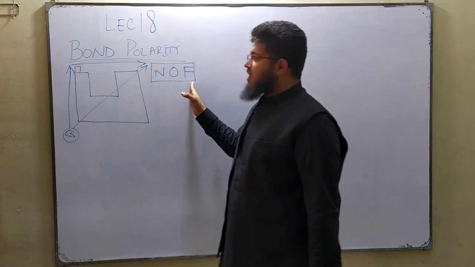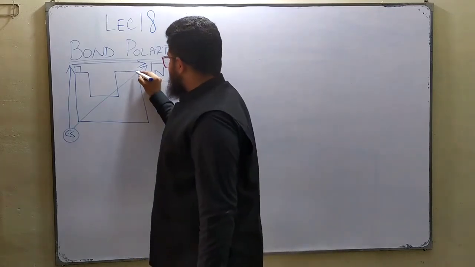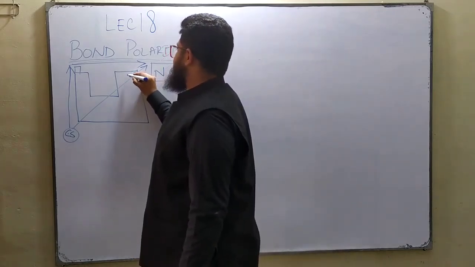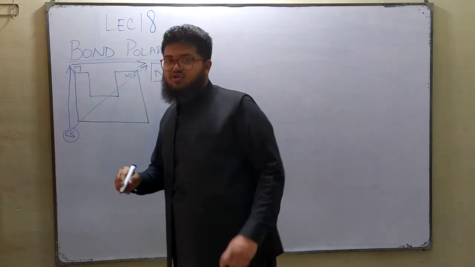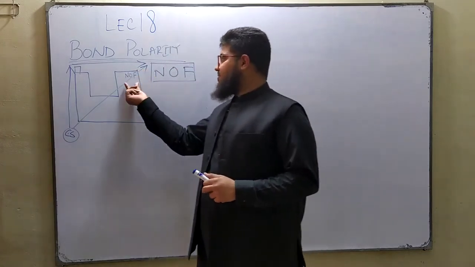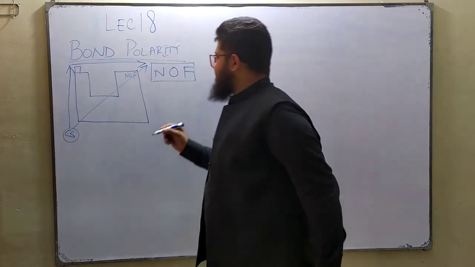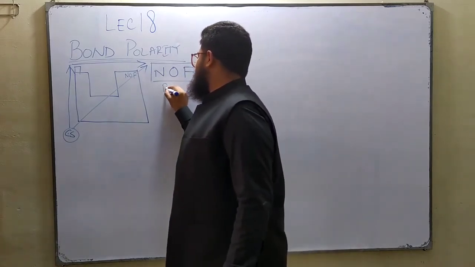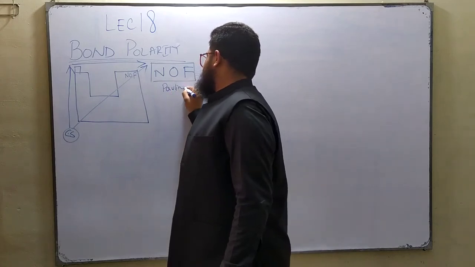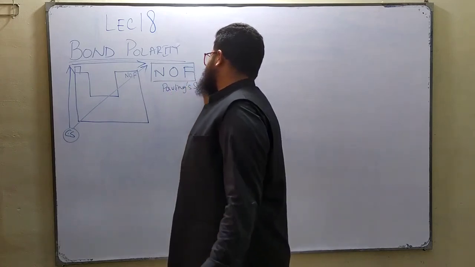In addition to fluorine, oxygen and nitrogen are also very electronegative, and they come after fluorine in electronegativity. Electronegativity is measured on a scale called Pauling's scale, but it's not very important.